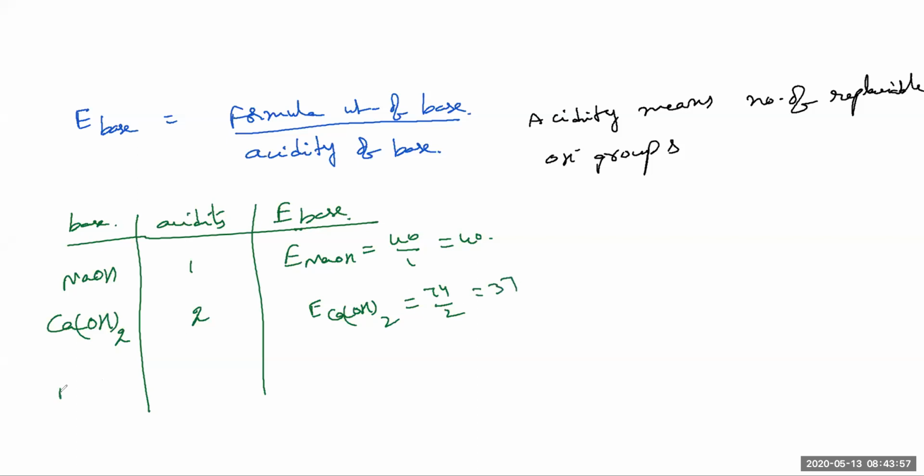Next, aluminum hydroxide. 3 hydroxyl groups are there.